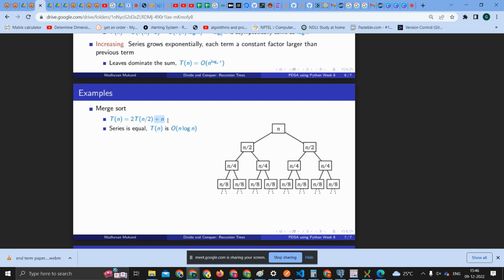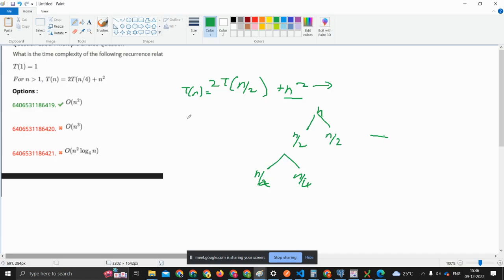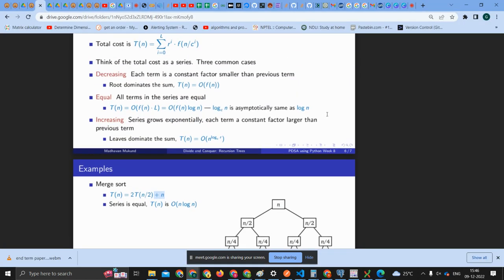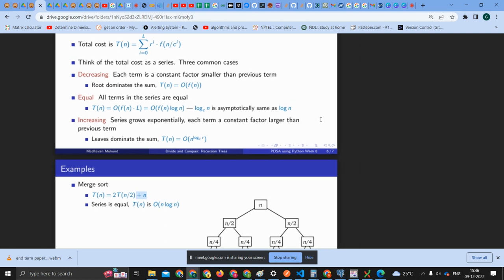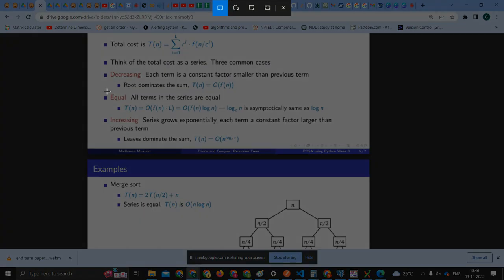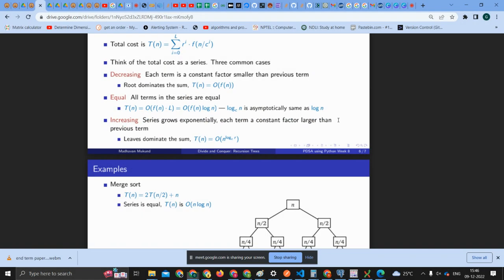So maybe if there is an algorithm where the combining of the two takes n square, what will be the complexity of such an algorithm? That's my question here. Obviously it will be n square. Not just n square, I want you to read this line carefully. All terms in the series are equal.